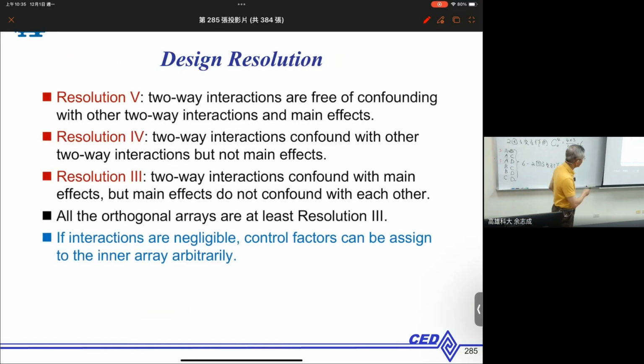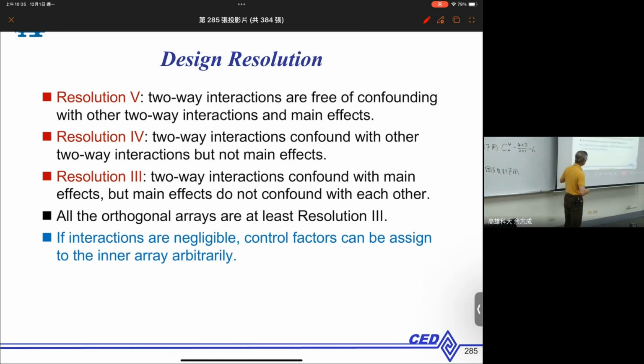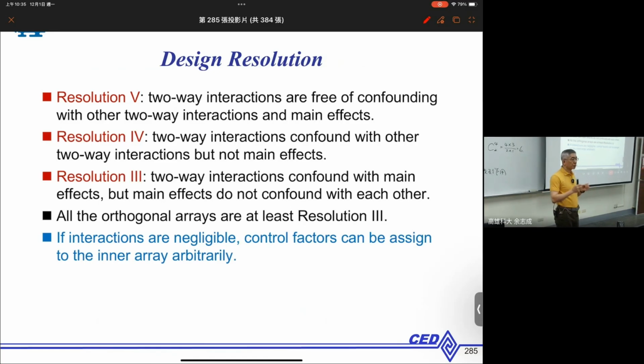If interactions are negligible, then control factors can be assigned to the linear... or I should say that in our first few weeks, we didn't talk about any interaction. We mentioned that we can use factors and put them in any columns. But from our last 2 examples, we can see the confounding structure will be different if you put your factors in different columns.